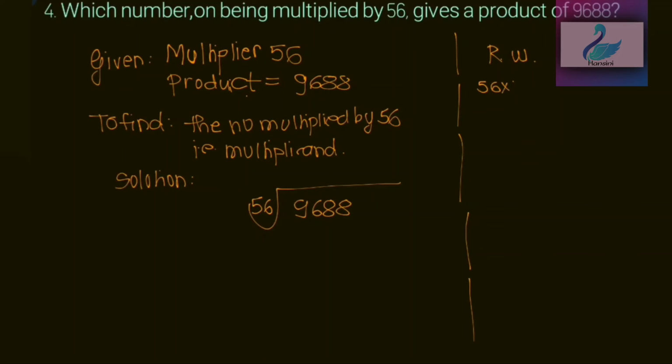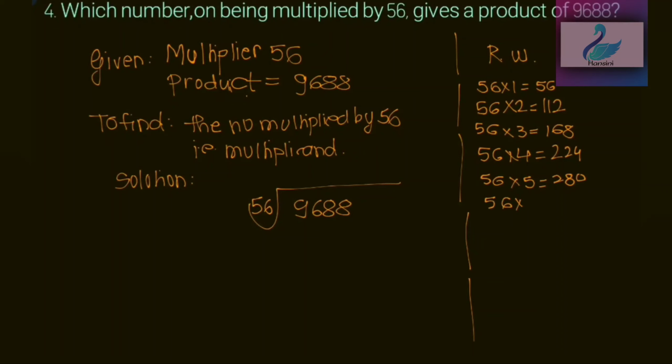So now we will write the table of 56. 56 ones are 56, 56 twos are 112, 56 threes are 168, 56 fours are 224, 56 fives are 280, 56 sevens are 392, 56 eights are 448, 56 nines are 504, and 56 tens are 560.